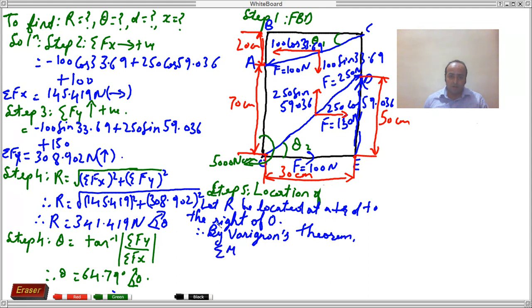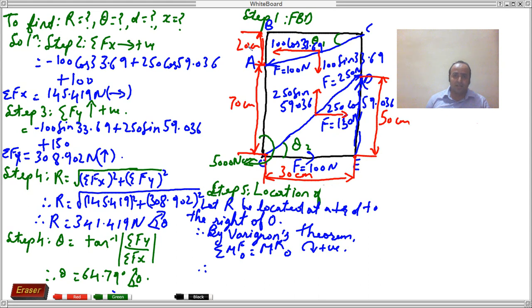algebraic sum of moment of forces about O is equal to moment of resultant about the same point, considering clockwise sense as positive. So therefore, now if I am sitting at point O with respect to O, I'll be considering the different forces. My dear friends, what all forces will be considered for taking the moment, we should be able to understand that.